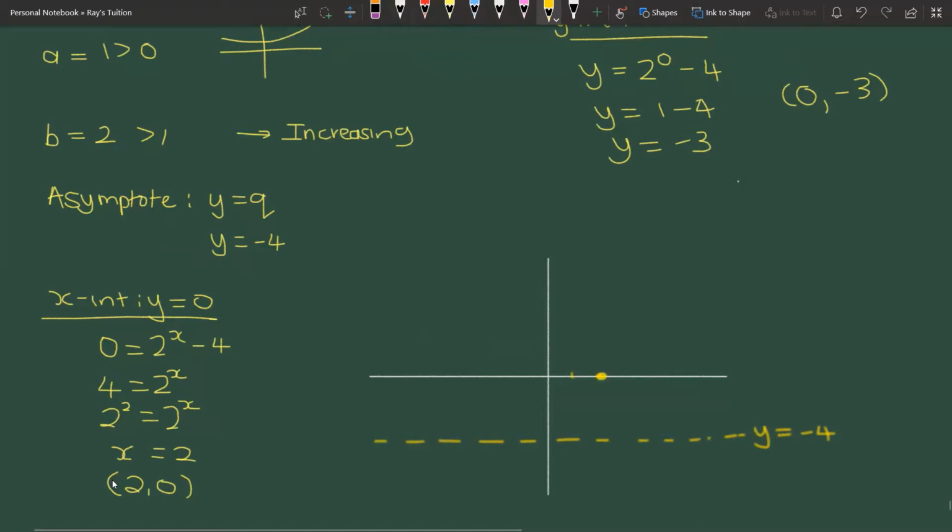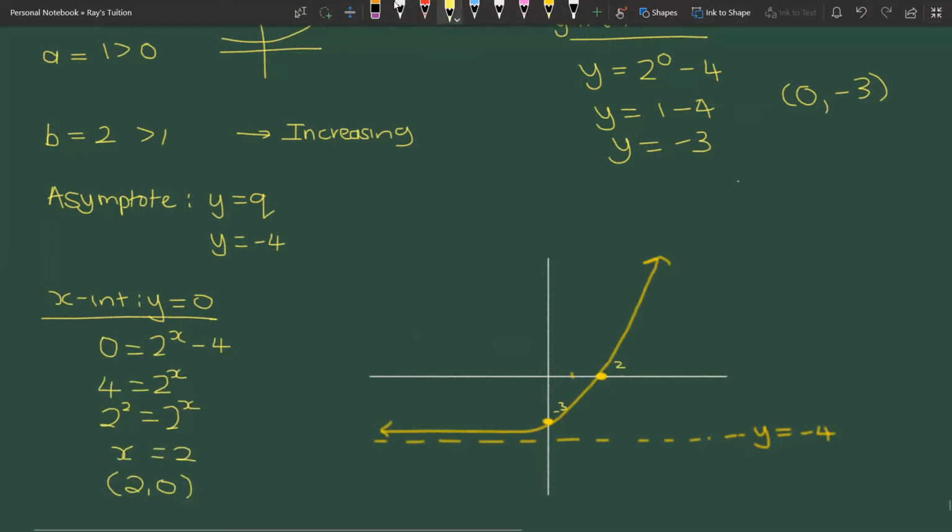And our y-intercept, which is at -3. And then finally, we have that it is an increasing shape. So we know the shape, and then we can join the dots, putting an increasing shape above our asymptote because our A is positive, and that is our exponential graph.